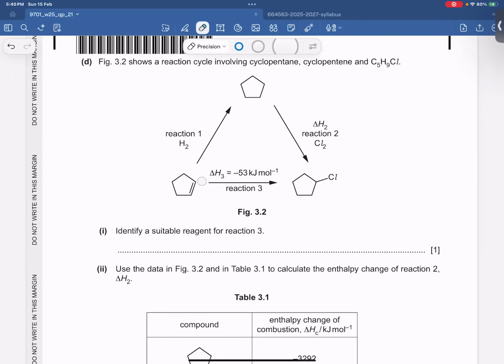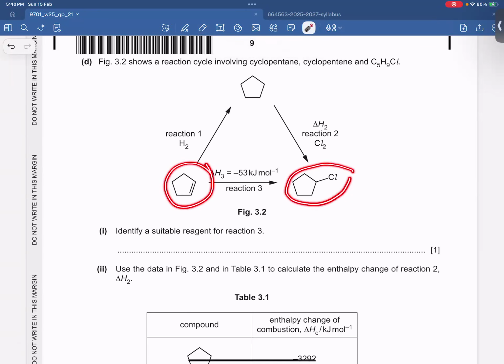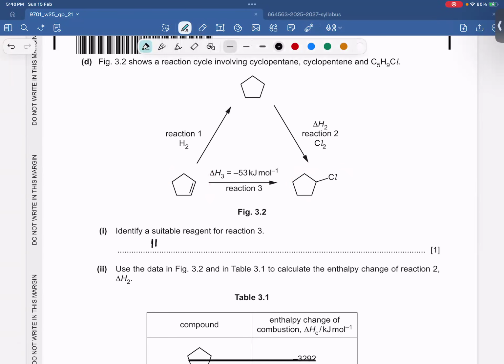So this is cyclopentane, and this is chlorocyclopentane, which means we need to add hydrogen and chlorine. We need to add HCl. So one hydrogen is here, one chlorine is here, which means we need to use HCl, hydrogen chloride.